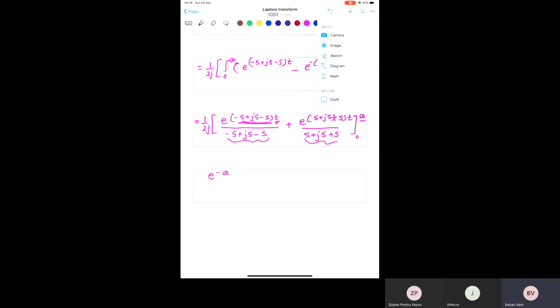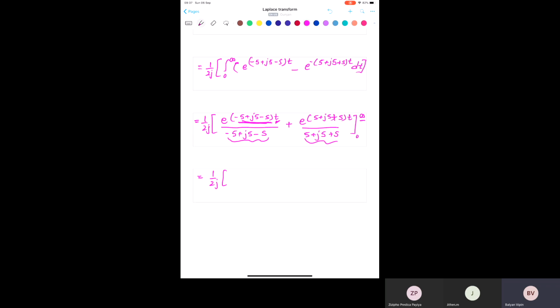So we must write it as, you consider that this is equal to negative.